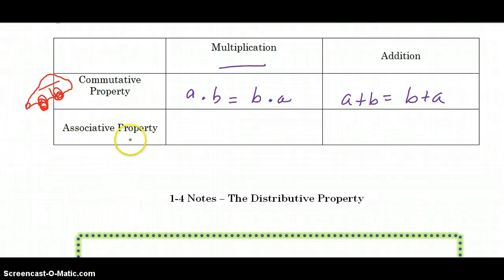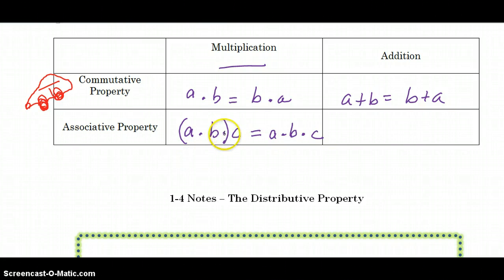Next, let's talk about the associative property. The associative property of multiplication looks like this: A times B times C equals A times B times C. And you might be saying, wait a minute, Ms. Mitchell, you wrote the exact same thing on both sides. Well, watch this. I'm going to put parentheses to talk about the associative property.